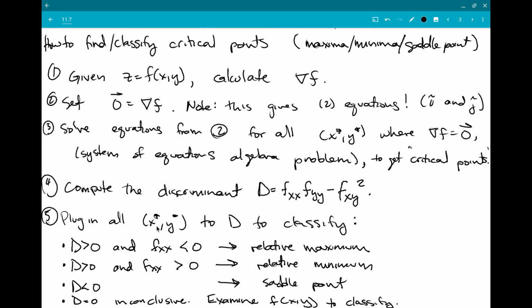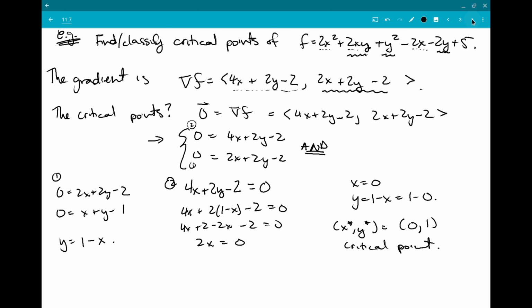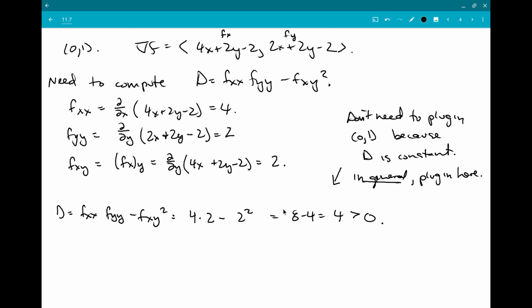But when we find D, and we've plugged in our point, we check our 4 different conditions. And we're in these first 2 conditions where D is greater than 0. When that happens, we check f sub xx. And for us, we had f sub xx equal to 4, which is also greater than 0.